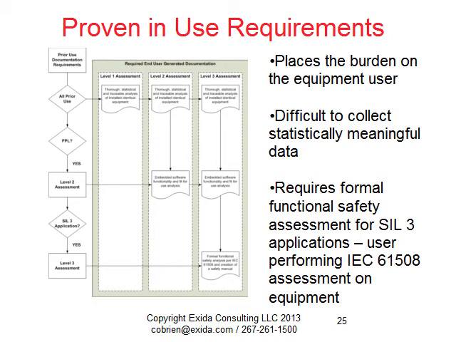So proven in use is a method that allows the users of a piece of equipment to use equipment, test equipment, collect the data, and make the argument themselves that they have shown the device is suitable for use in SIL applications. So to do that, they need a thorough statistical and traceable analysis of the installed equipment, and that equipment needs to be identical.